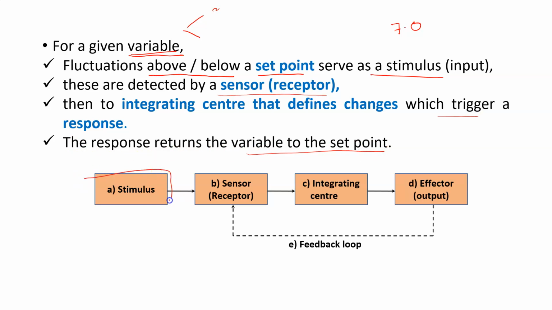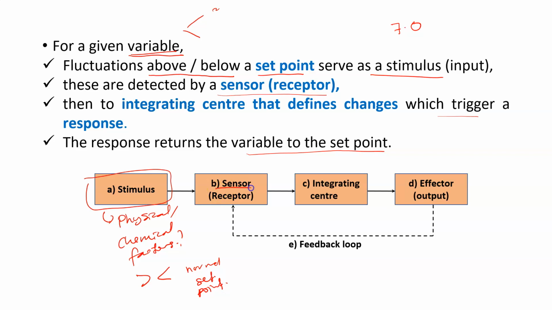Okay, so stimulus, perubahan apa yang berlaku pada physical or chemical factors. Okay, dia deviate from the normal set point. Okay, kurang ataupun lebih daripada normal set point. Kan? So this will be detected by sensor.